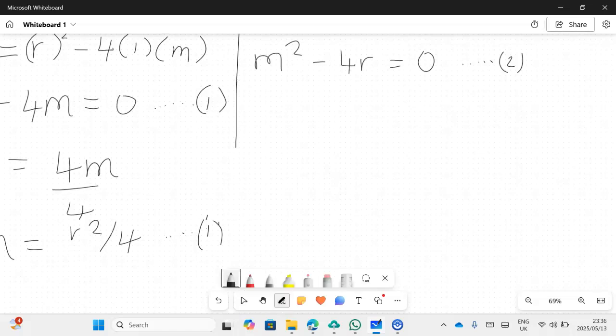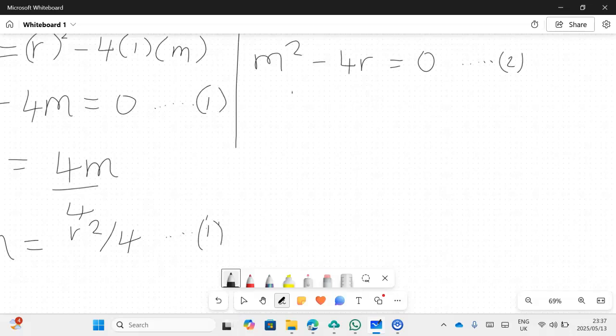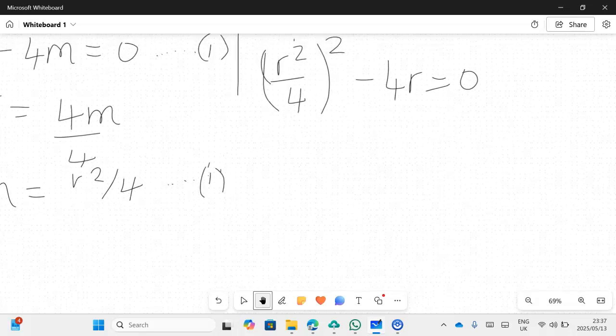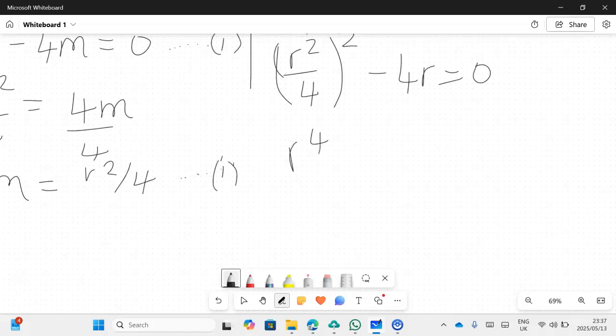So on the side, I will then have the substitution: r squared over 4, squared, minus 4r equals 0. This will give us r to the power of 4 over 16 minus 4r equals 0.